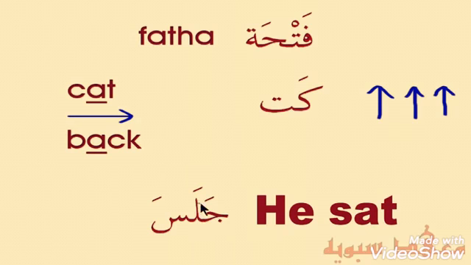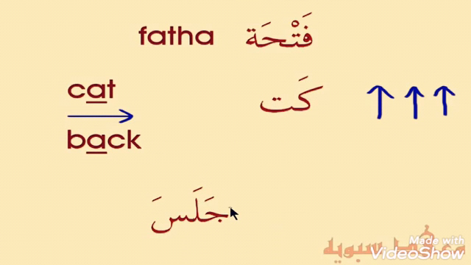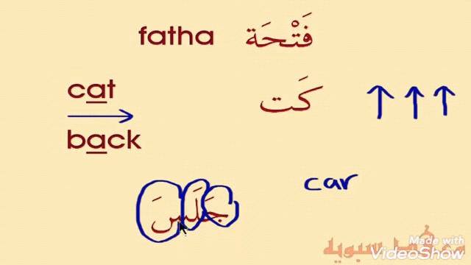And notice we don't elongate. There's no elongation of the sound. So we don't say, for example, when we say the word car, it's car. It's not kar. So this will be one syllable. That's another syllable. And that's another syllable. So there's 3 syllables. Ja, la, sa.